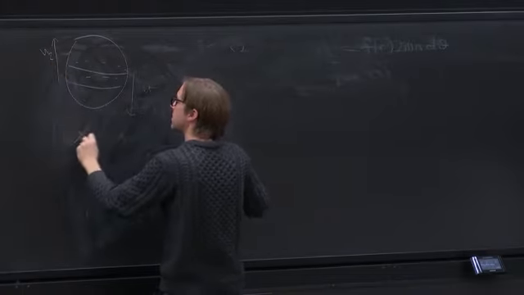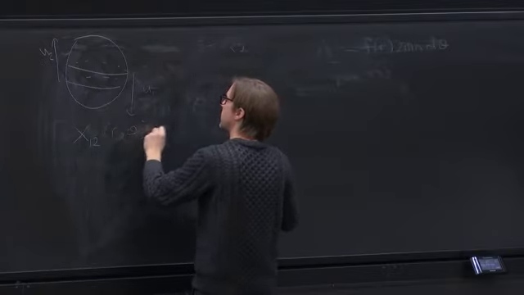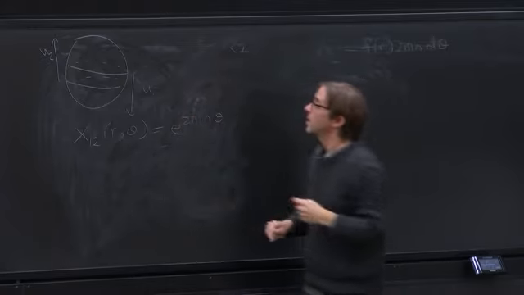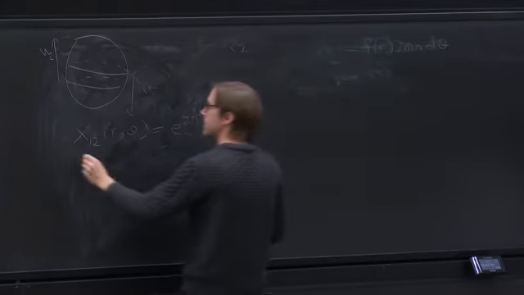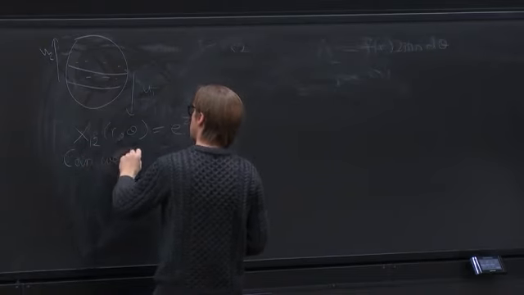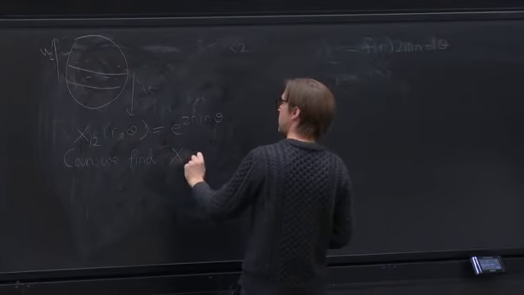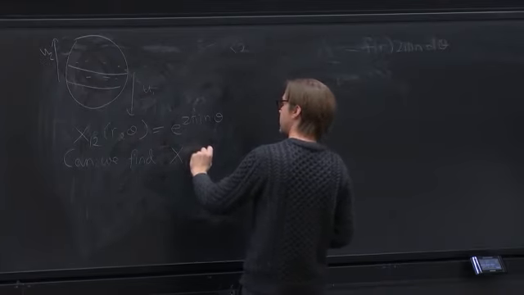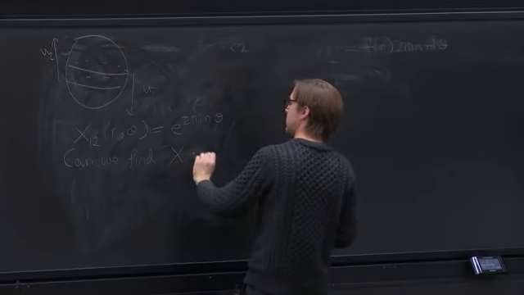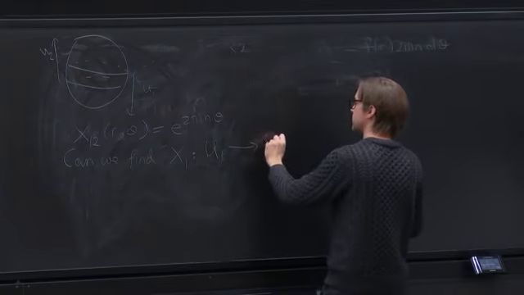And x12 of r, theta is e to the 2 pi i n theta. So can we find x1, which are maps from the region U1 to the unit circle.